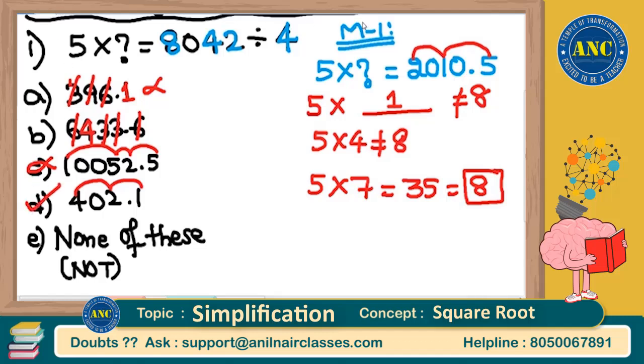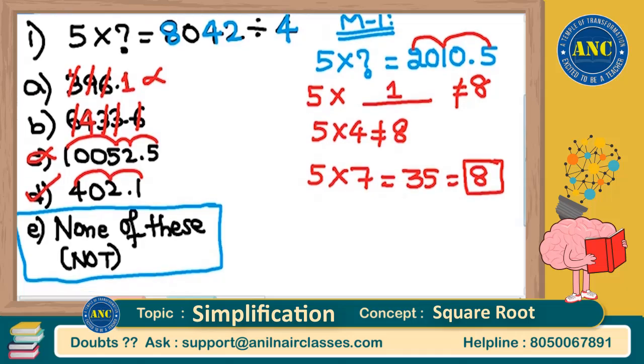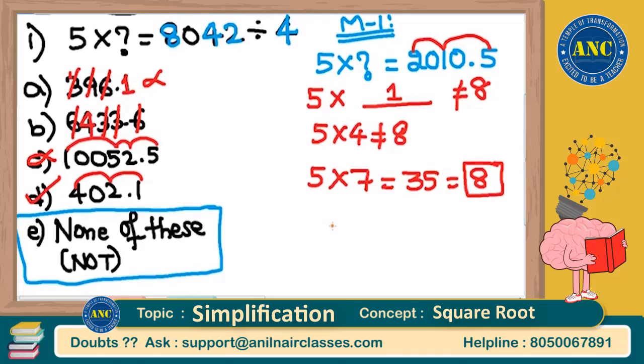Right now itself, listen to this carefully, sir. None of these is something which we cannot have control over. If you want to take chances in your examination, you should not worry about none of these. I told this in my DI classes also. Suppose, for example, you have 20 minutes of time left and you have only 2 or 3 questions to be solved, which is a rare case.